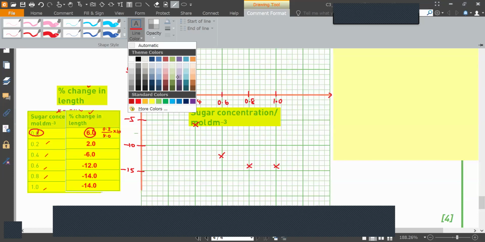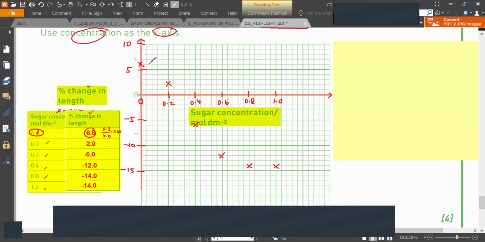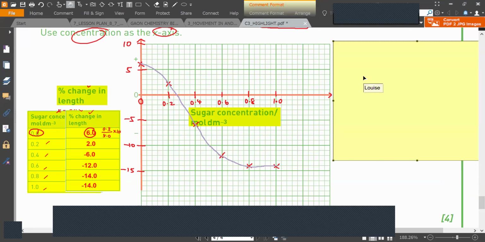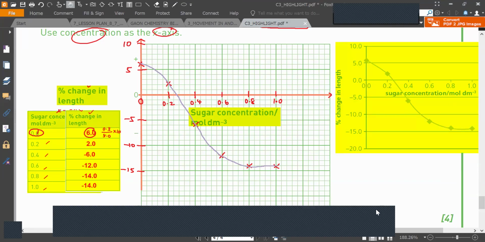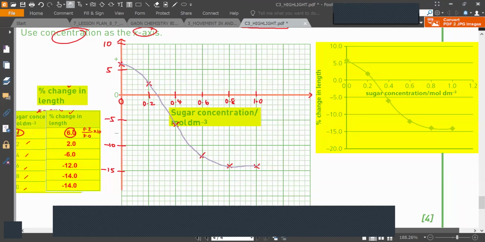So we can draw a smooth curve, something like this. Try to sketch a smooth curve that connects all of the points, as smooth as possible. This is what we expect to draw. If we look at the marking scheme, if we did everything correctly, it will be something like this.